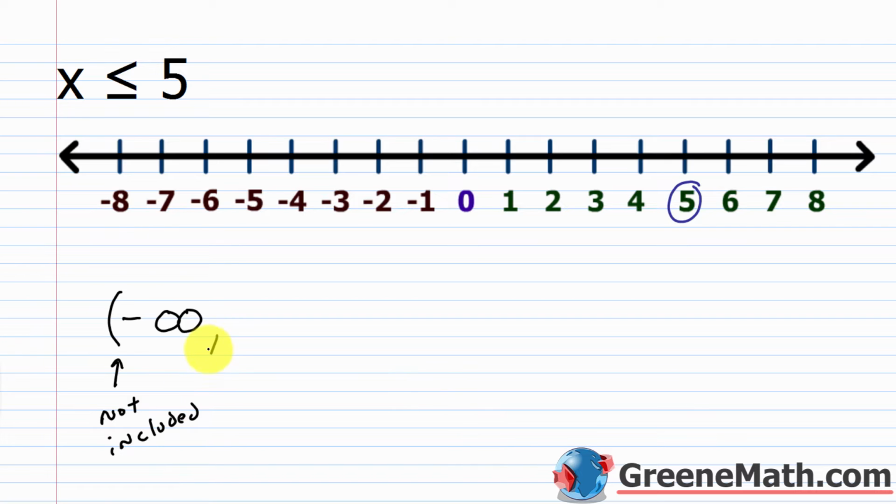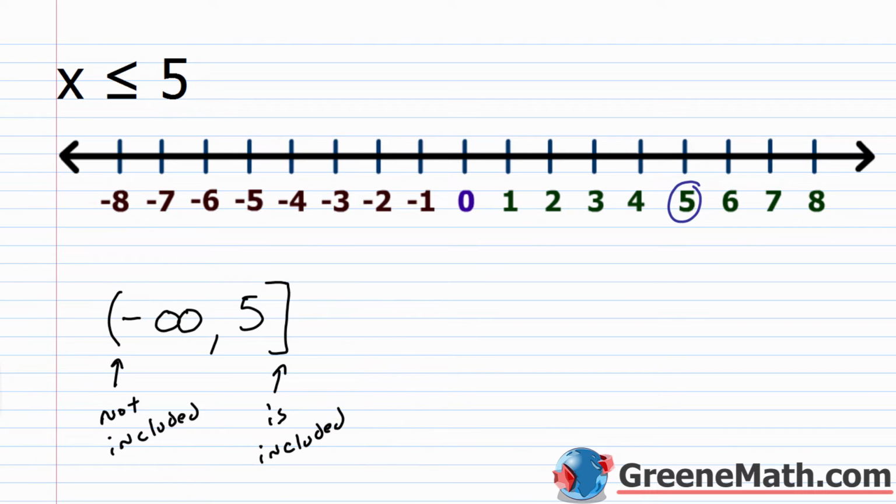Then we have comma. Now what's the largest value that x can take on? Well, x can take on the value of 5 now, but nothing larger. So I'm going to put the number 5, and I'm going to put a bracket next to 5 to say that 5 is included. So basically what you need to take away from this is that a bracket tells you it's included, parenthesis tells you it's not included.